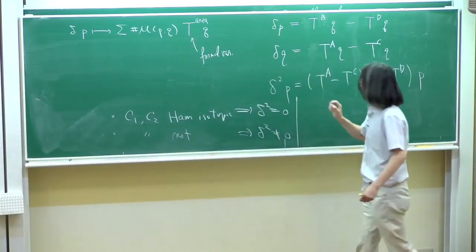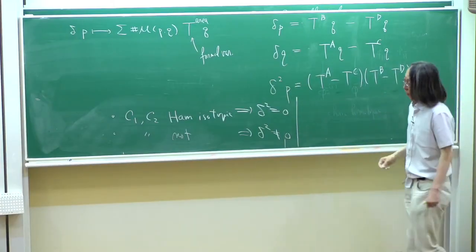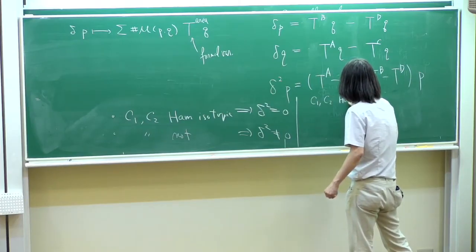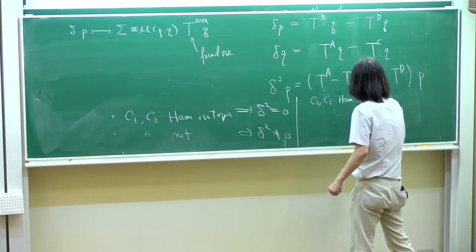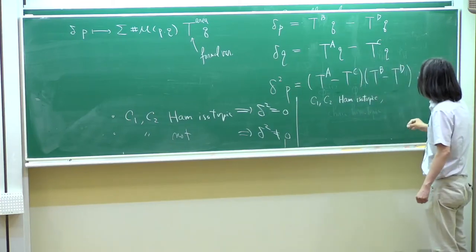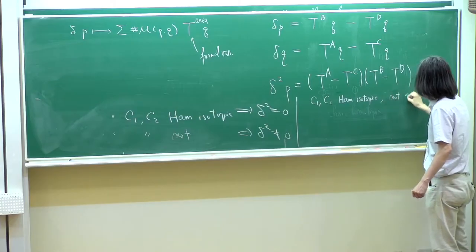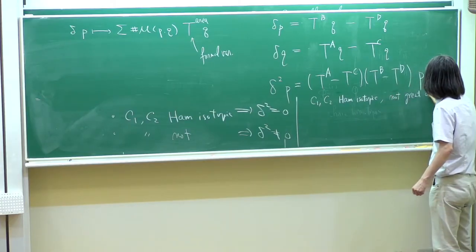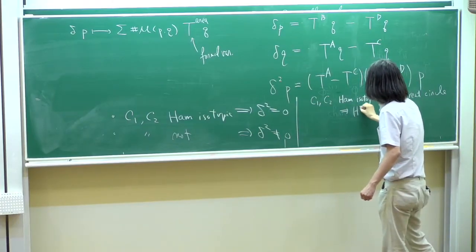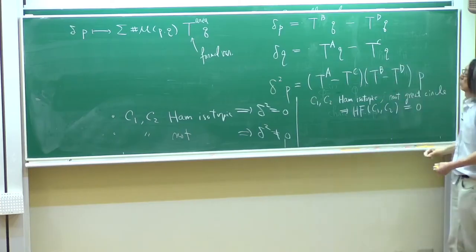Yeah, we have some field at infinite level, but not this one. But if C1, C2 are Hamiltonian isotopic, but not great circles, then the Floer homology of C1, C2 is equal to 0.